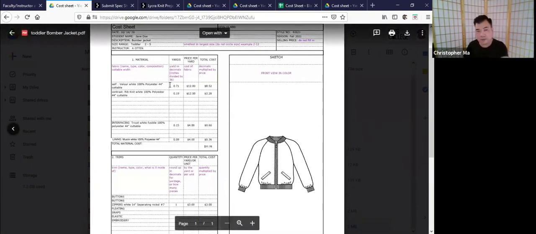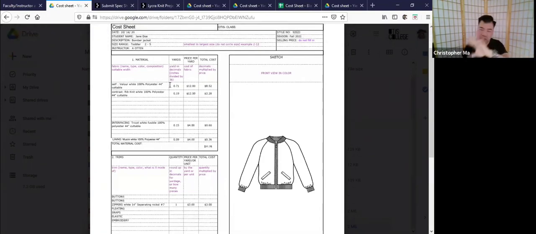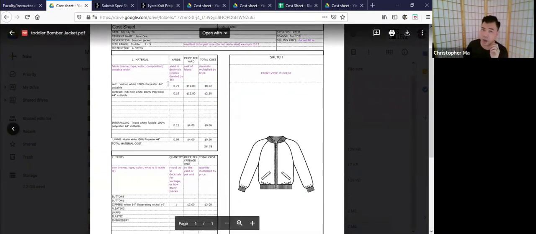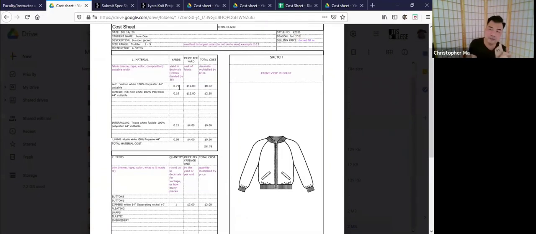This number is from everything I showed you recently. So the yardage, remember, we included the self by itself, plus the little block that you make for, what do you call that? Block fusing, that arrived to 0.71. 0.71 because it was a tiny little jacket.